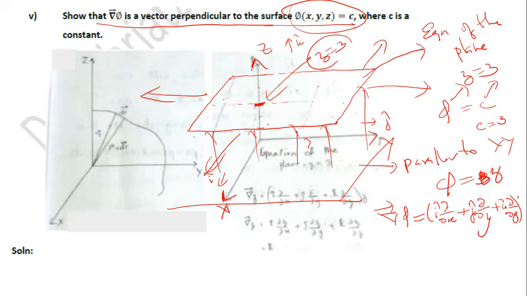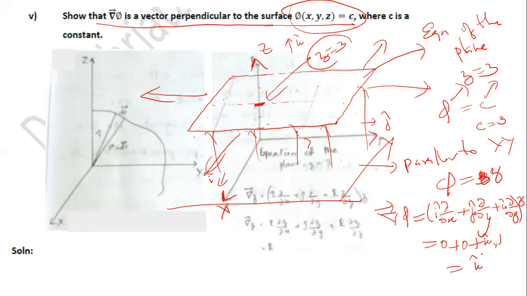Phi is z, so the differentiation of z with respect to x is 0, the differentiation of z with respect to y is 0, plus k cap, the differentiation of z with respect to z is 1. So grad phi is equal to k cap.